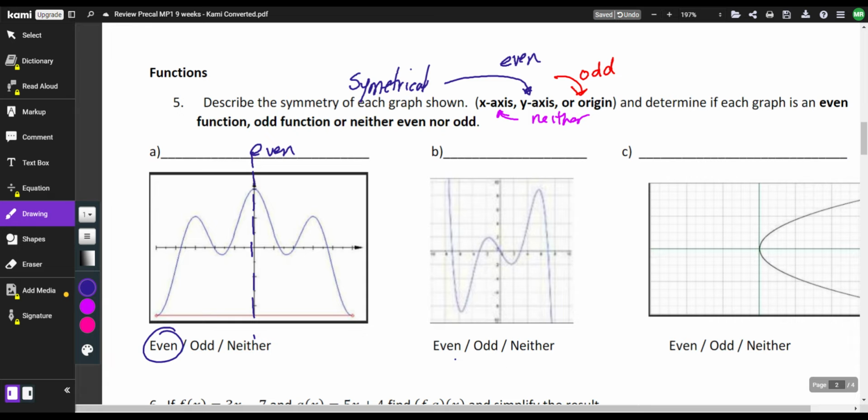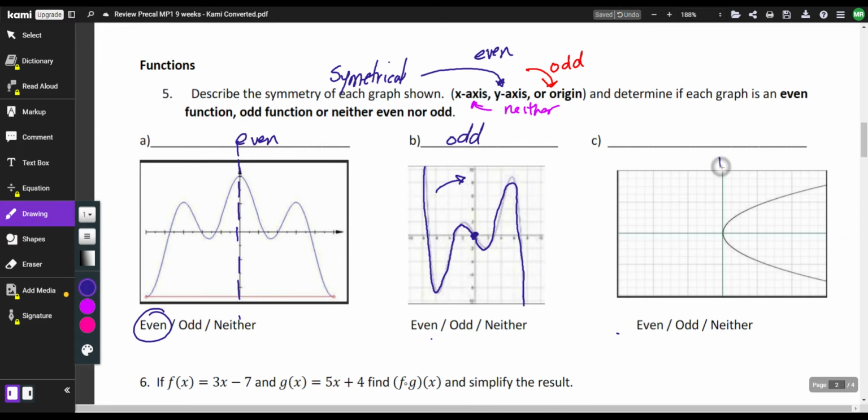I'm going to close this. Let me close this. Okay. This one is symmetrical about the origin. So see, if we took this and kind of rotated it this way, eventually we would get this. This one's symmetric about the origin, so it's an odd function.